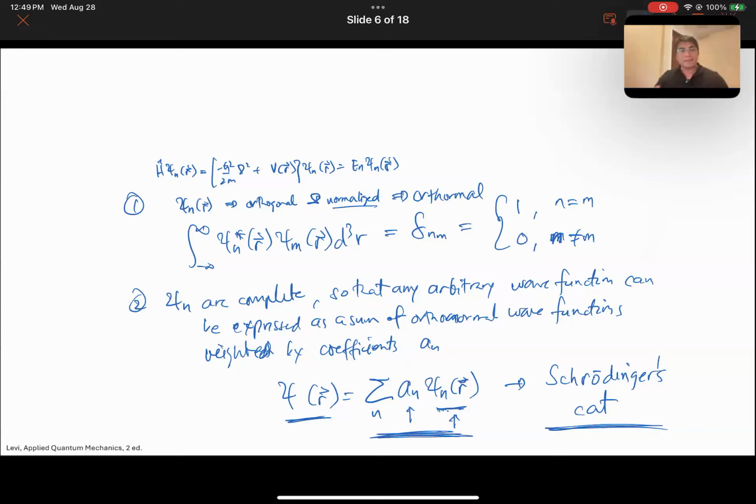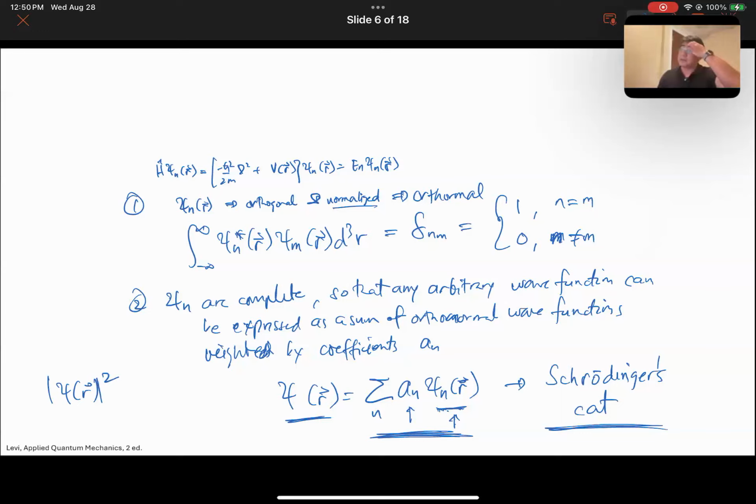If you do that over and over again, say 1,000 times, eventually the probabilities that the cat is alive or dead when you make a measurement will level out, and that probability is 50%. So it's 50% dead and 50% alive. Recall that the probability is described by the modulus squared.